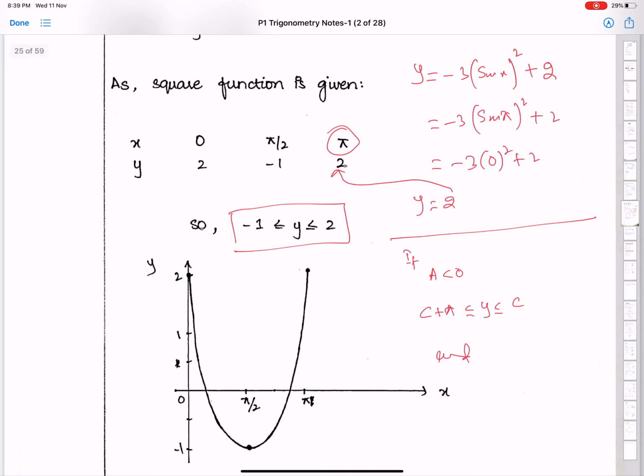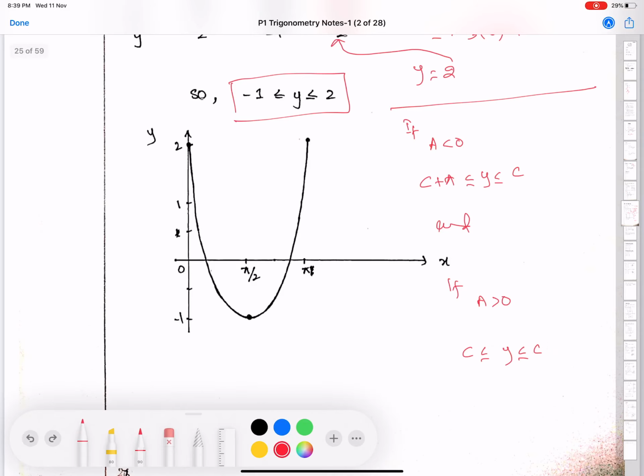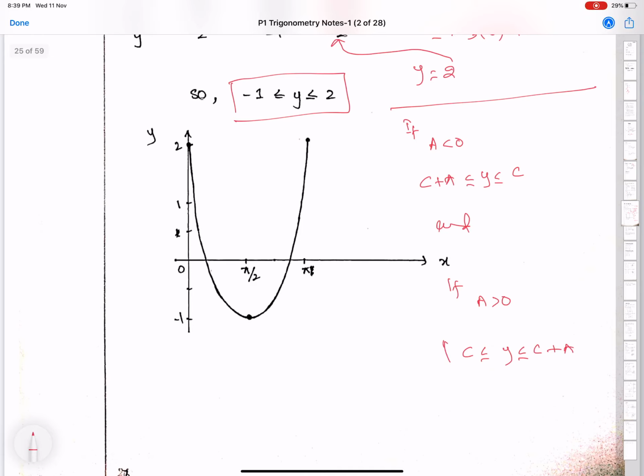And if A is positive, then the range of this power 2 function will be C, C plus A, the vice versa of the first one. So this is the direct way of finding the range. If you don't want to make the table, then you can find the range through this method. When A is negative, then this will be the range of sine square and cos square function. And when A is positive, then this will be the range of sine square and cos square function.